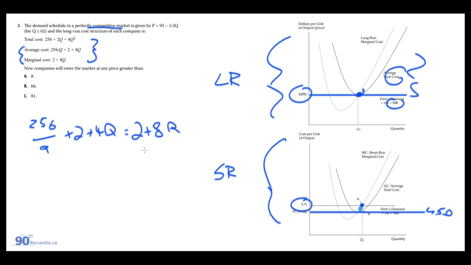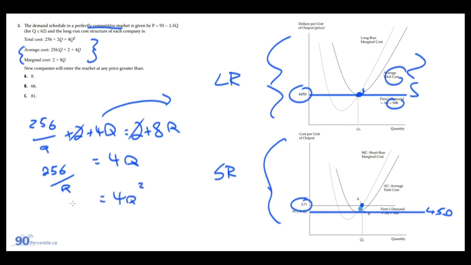If I bring all this over, bring over the 4Q, we get 8Q minus 4Q is 4Q. Bring over this 2, and the 2s cancel out, 2 minus 2. And then we have 256 over Q.